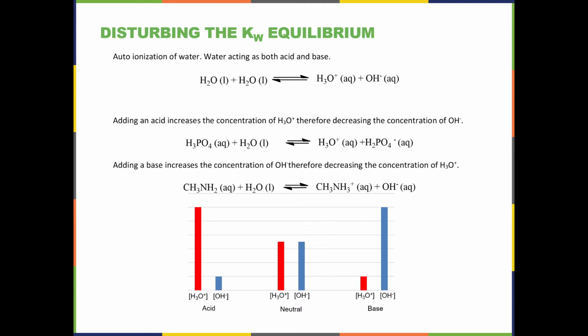What about in the case of a base being added? When a base is added, we artificially increase the concentration of OH-. If the concentration of OH- increases, this again shifts the reaction to form more water molecules. And when it shifts to form more water molecules, it needs to use some H3O+ to do that. So as the concentration of OH- goes up, the concentration of H3O+ goes down.